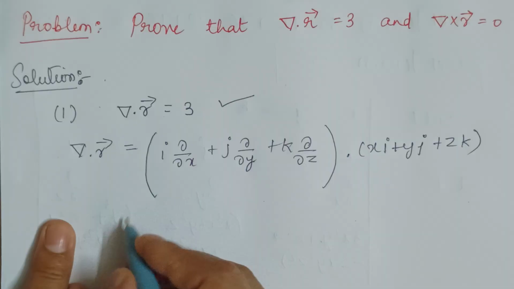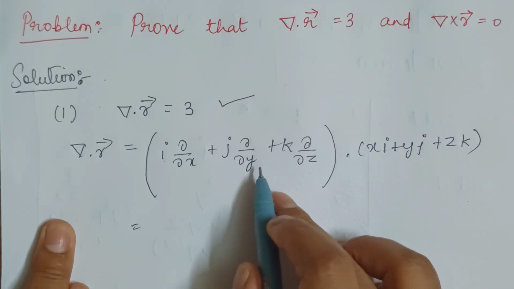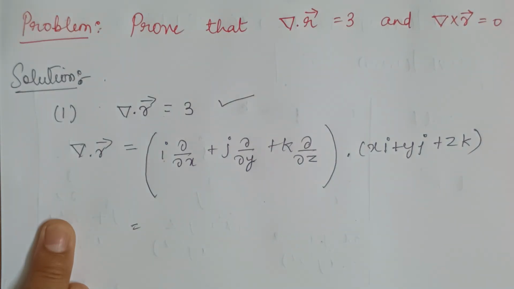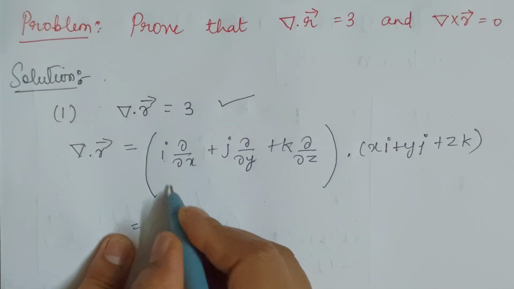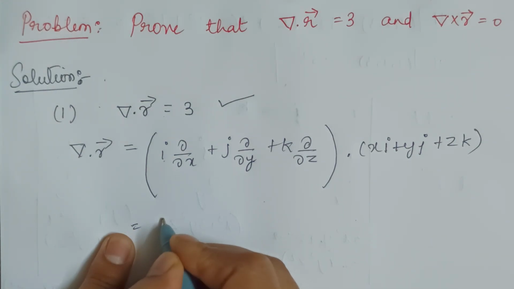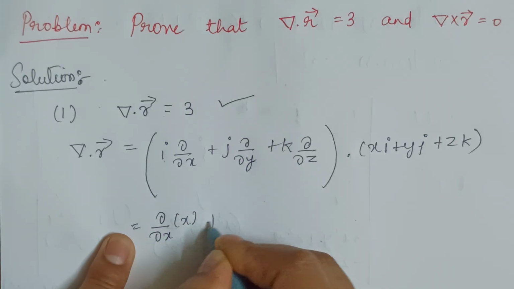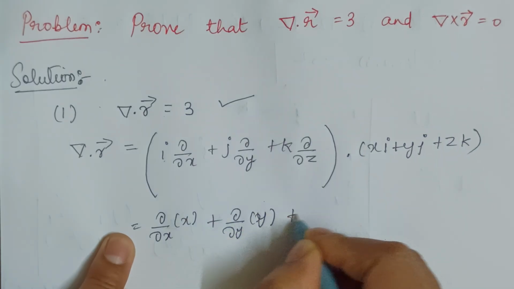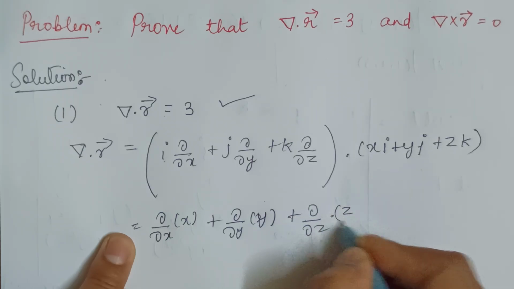Now, multiplying these, we get i dot i is 1, j dot j is 1 and k dot k is 1, so just multiplying the corresponding elements, we get dou by dou x into x plus dou by dou y into y plus dou by dou z into z.